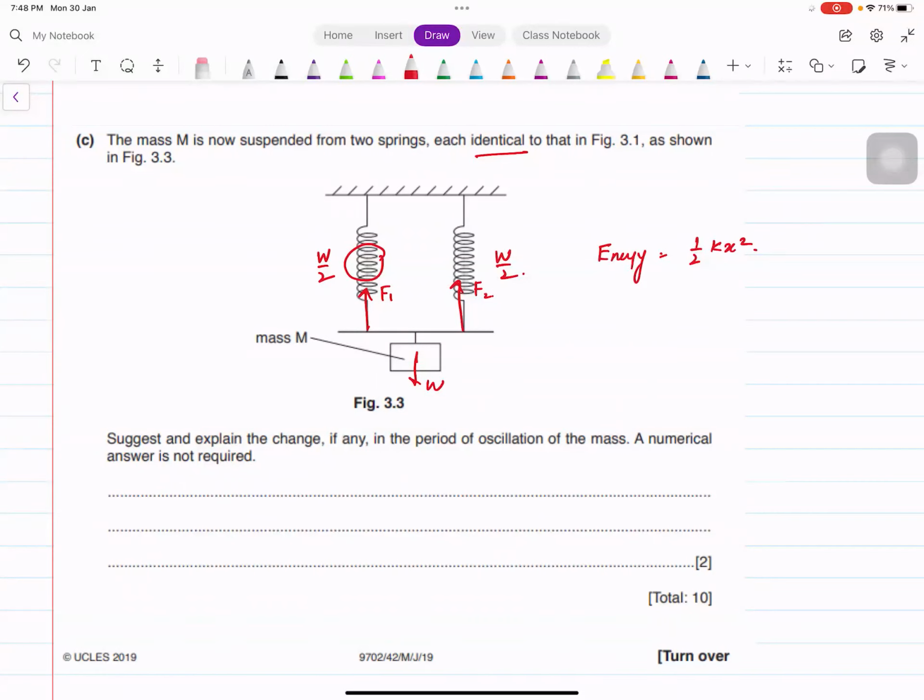So if it's suspended with two springs, obviously the spring constant is going to be higher because now there are two springs holding it. Do you understand? So if the spring constant is higher, don't you think the energy is going to be higher then?